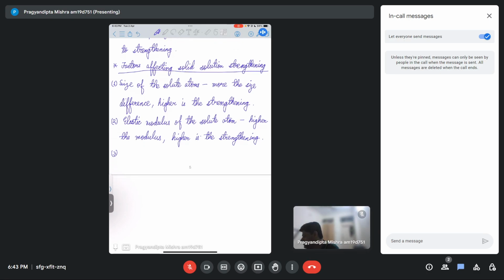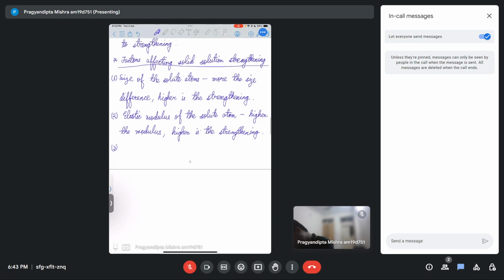So the increase in concentration will lead to higher strengthening. So these are the factors.